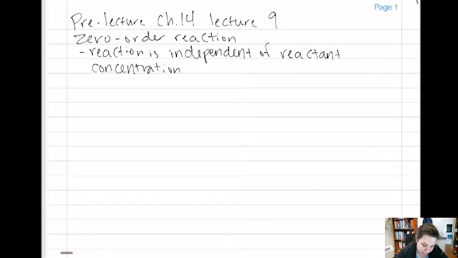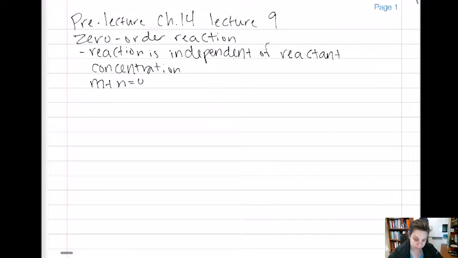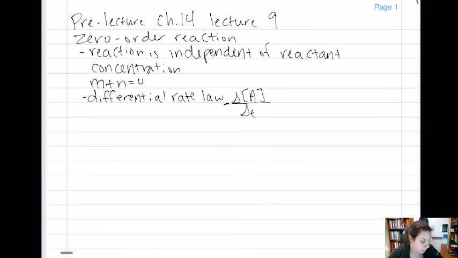So remember, m plus n is equal to 0 in this case. Okay. For this, we have a differential rate law: negative delta A over delta t is equal to k, so it's independent of concentration.